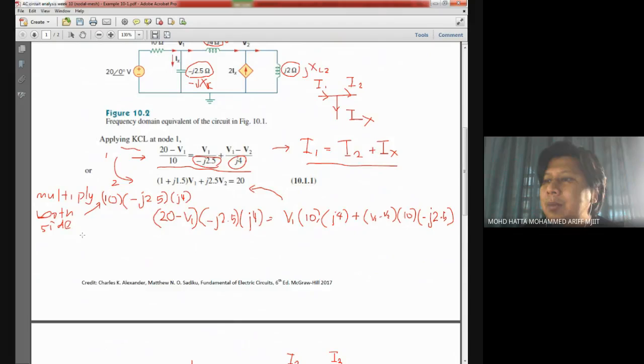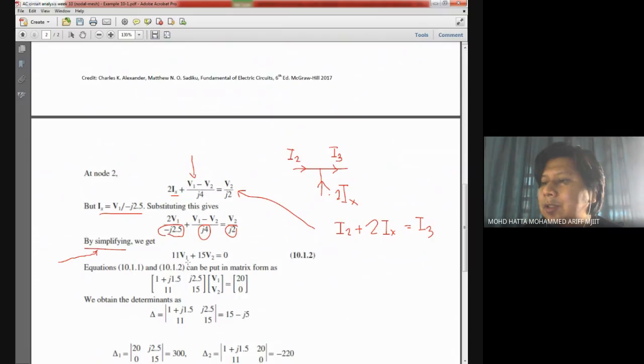We multiply both sides with negative j2.5, j4, and also j2. Later on, you need to expand your equation, and at the end, you will get this equation where we have 11 V1 plus 15 V2.